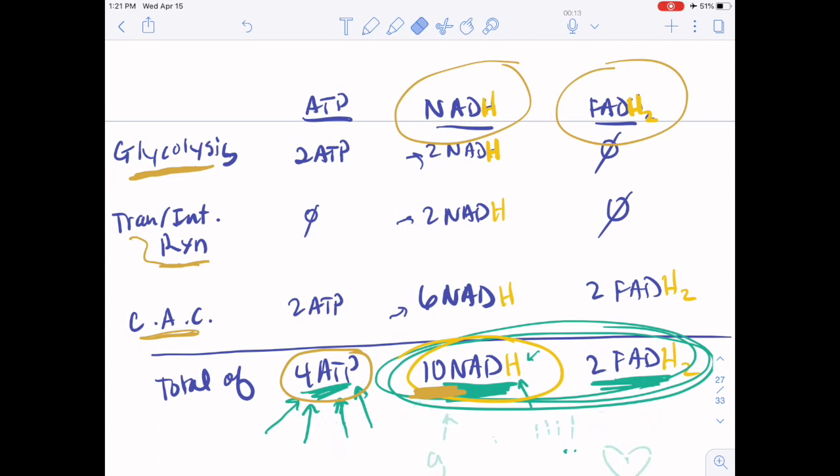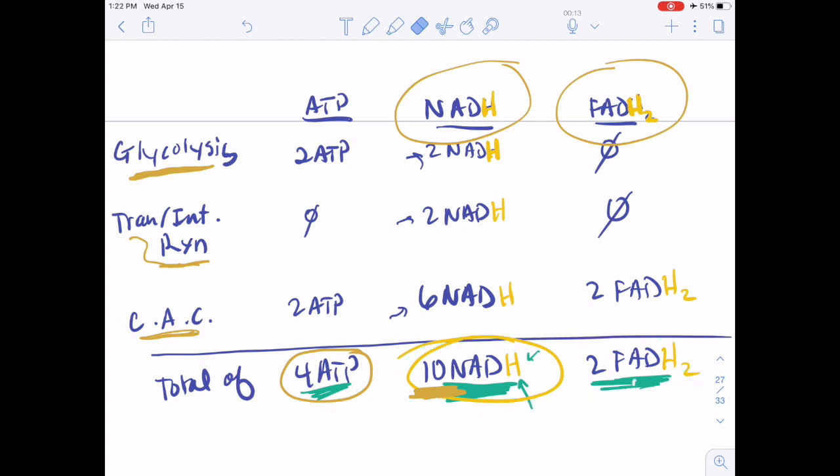Let me erase all this stuff and clean this up a little bit. If we get 3 ATP per NADH, that's times 3, that's 30 ATP.